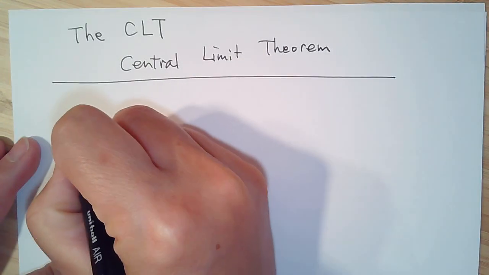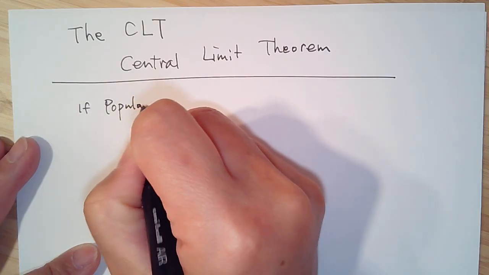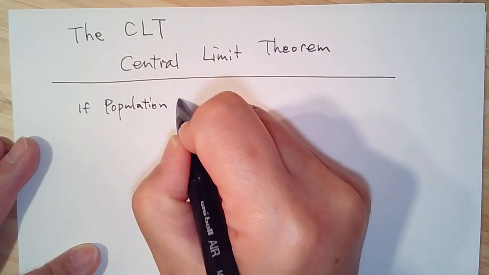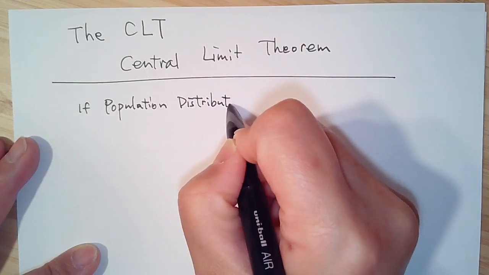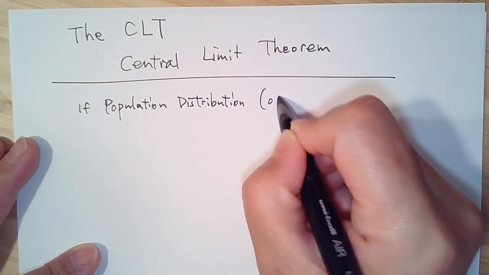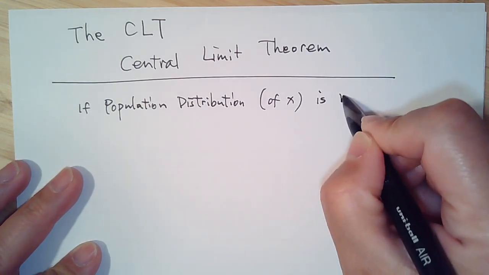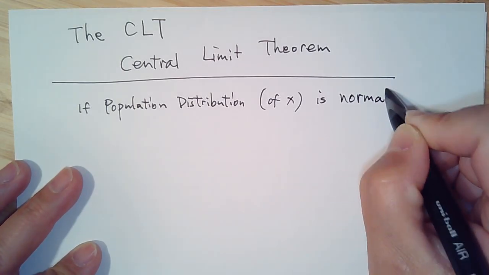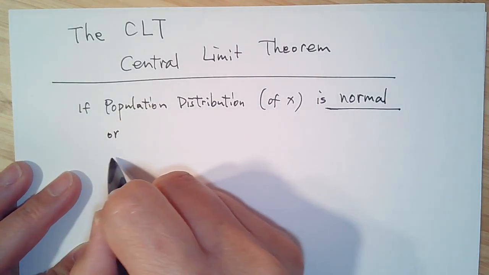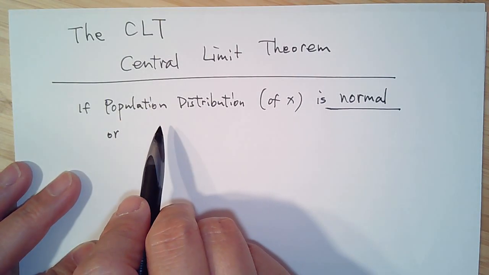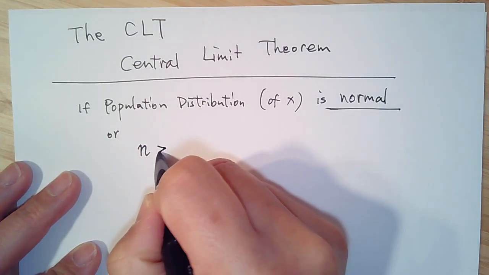That means if the population distribution of x, I just make it here, is normal, or if I don't know whether the population distribution is normal or not, or sample size n is greater than 30.